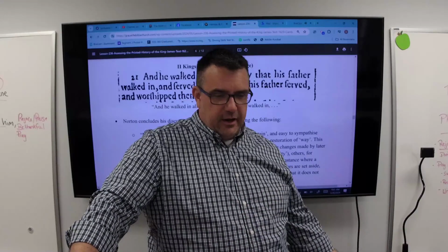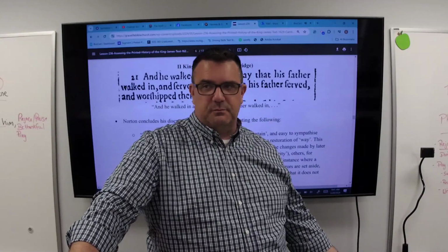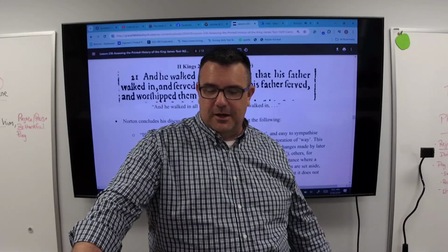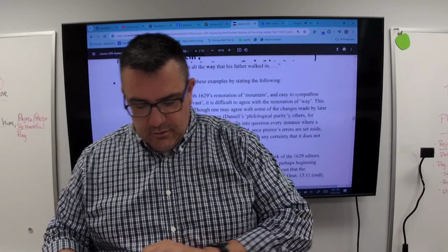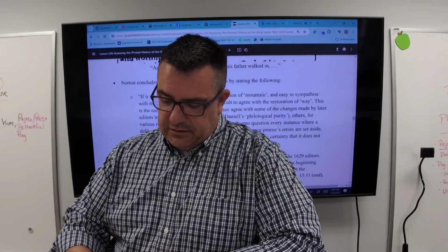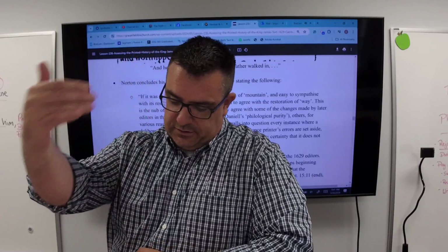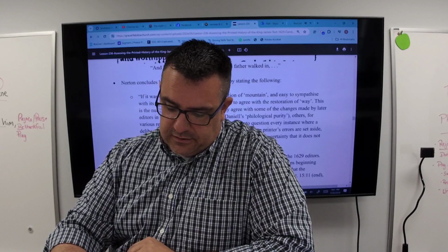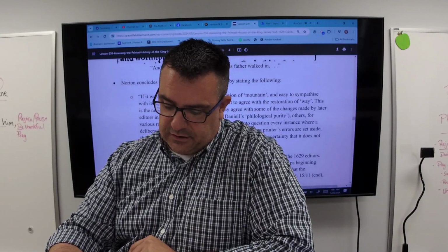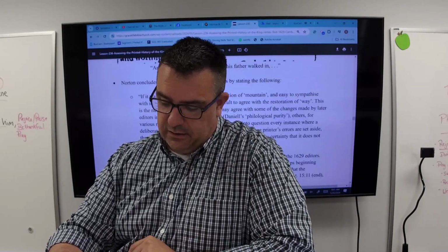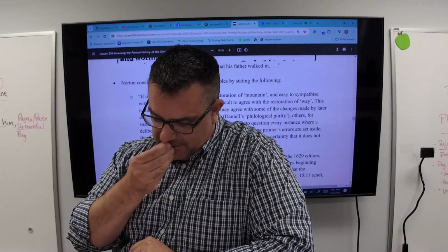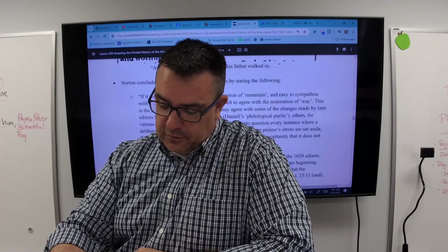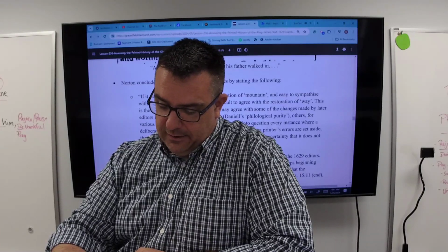But you can see real clear, is he able to spot variant readings in the printed history of the King James text? Okay? So, Norton concludes his discussion of these examples by stating the following. So that would be the ones that we just looked at, okay? If it is easy to agree with the 1629's restoration of mountain and easy to sympathize with the restoration of servant, it is difficult to agree with the restoration of way.